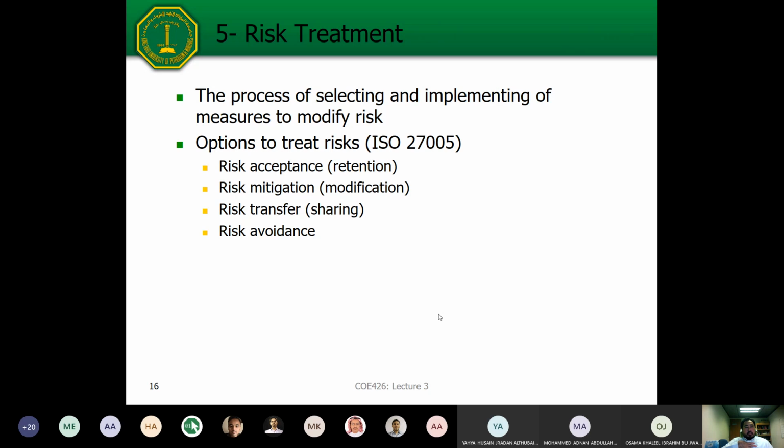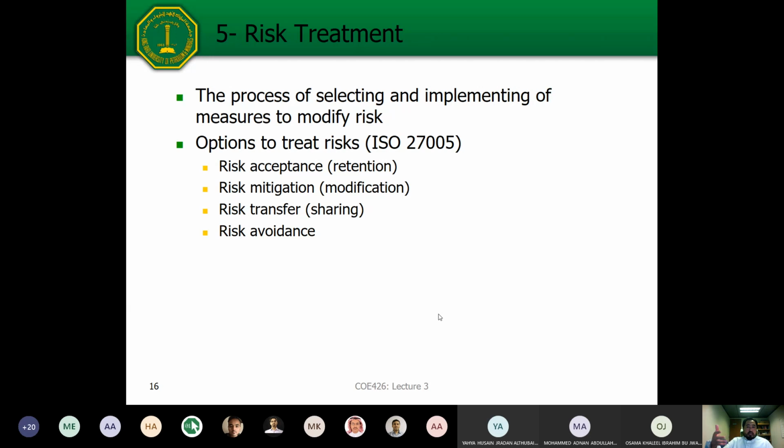Say, I accept this risk, and I'll take the responsibility. We're going to do whatever is needed to fix the issue or compensate victims. Risk mitigation, for example, is to go and modify what is risky.